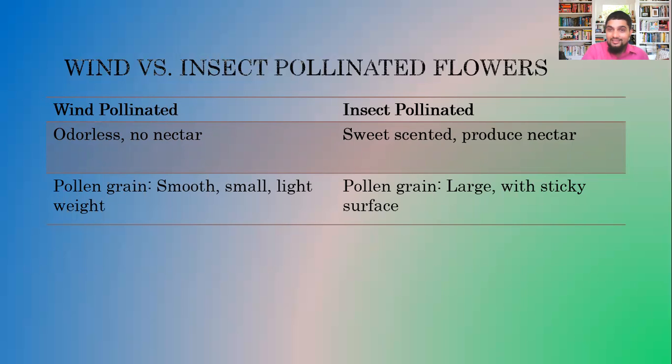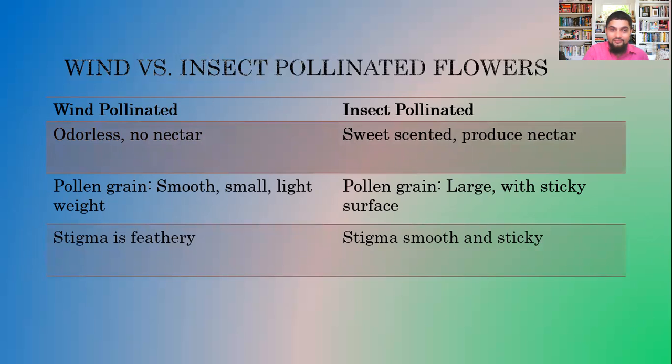The pollen grains in insect-pollinated flowers are large. They stick onto the body of the insect or the animal that may be feeding on it. They have sticky surfaces, and sticky surfaces allow them to stick onto the body of the insect, or whichever animal, maybe a bird, that is feeding on the flower.